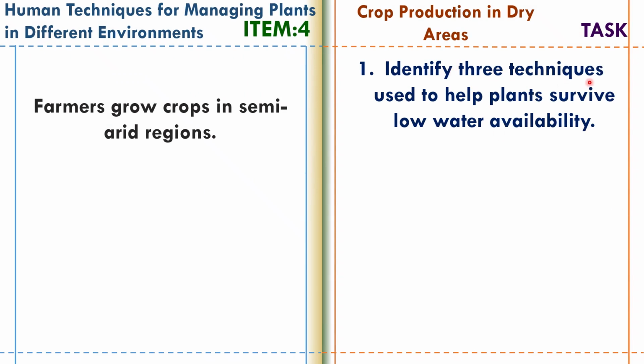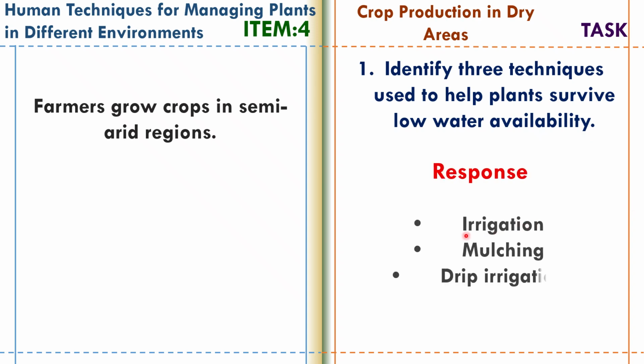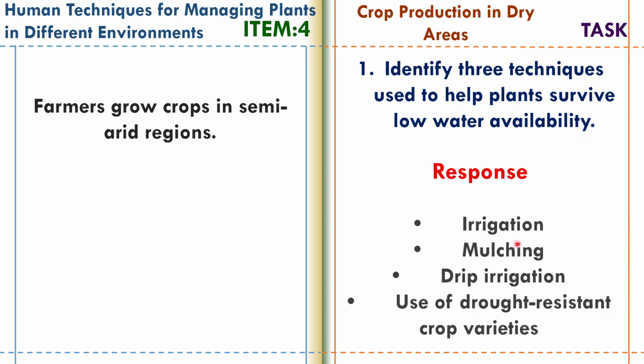Identify 3 techniques used to help plants survive low water availability. Irrigation, mulching, drip irrigation, use of drought-resistant crop varieties.